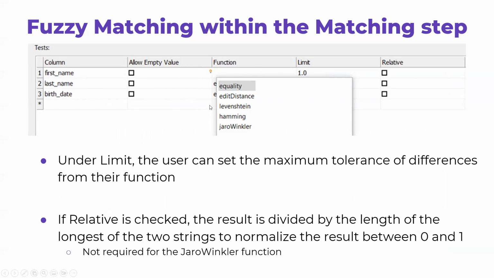Now, the overall matching rule will also have a matching quality score by taking the overall scores of each one, whereas for equality functions, the score is always 0, but it will take the overall score and divide it by the amount of tests that you have in that matching rule.